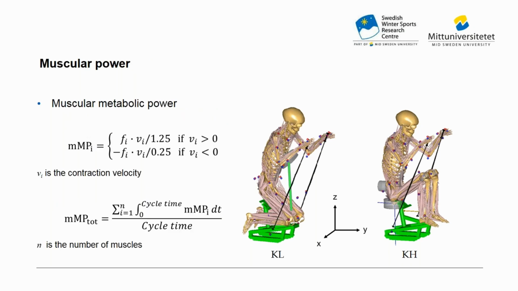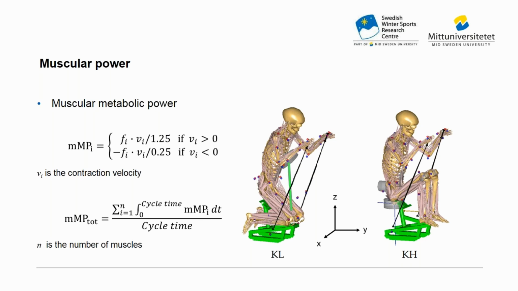And over to muscular power. Because muscular work costs more metabolic energy for concentric contraction, shortening of muscle fibers, compared to eccentric contractions, lengthening of muscle fibers, we used an estimate for the total metabolic muscle power.